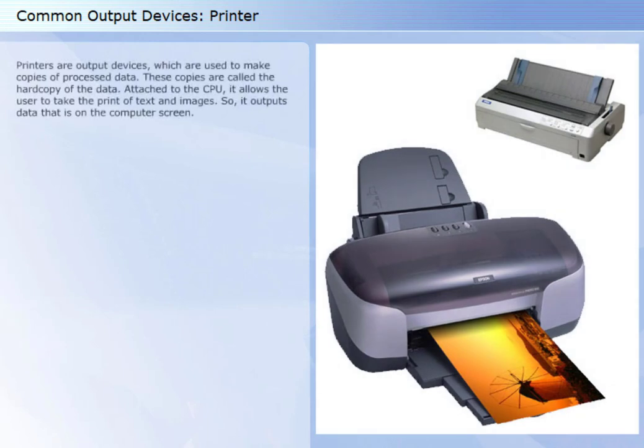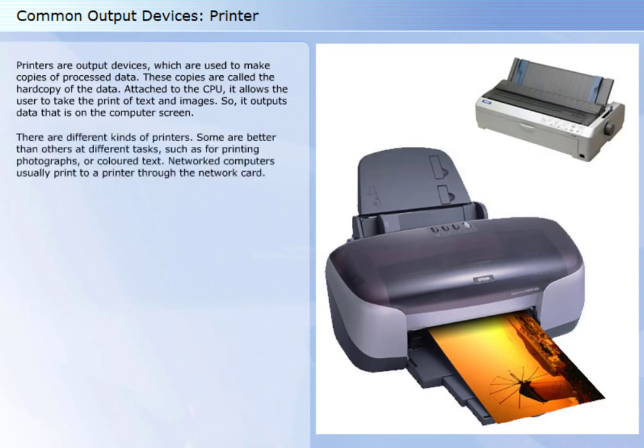Printers are output devices which are used to make copies of processed data. These copies are called the hard copy of the data. Attached to the CPU, it allows the user to take the print of text and images, so it outputs data that is on the computer screen. There are different kinds of printers.